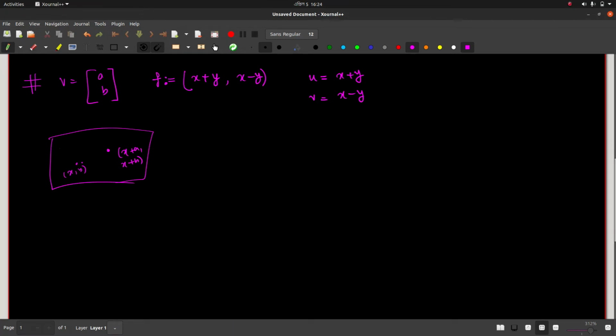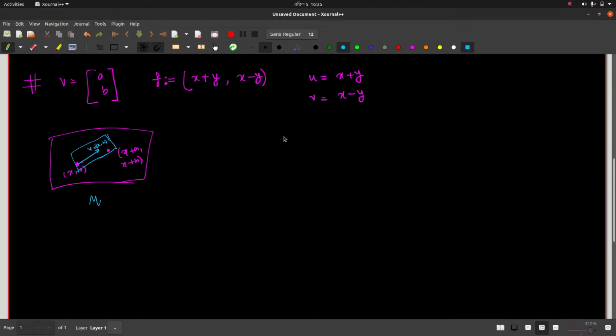Because when you have these two points, you can have a tangent space at any of those points, just x, y, and you can think of a vector v which is given by a and b, and you can move along that vector on manifold M, and you want to see what is the consequence when we consider the mapping from M to N, right? So that's why we can think of it as a directional derivative.